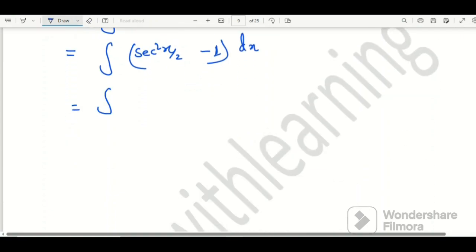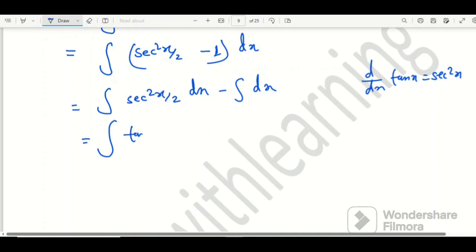We'll separate this function into two integrations: sec square x upon 2 dx minus dx. The integration of sec square will be tan, because the differentiation of tan is sec square x.